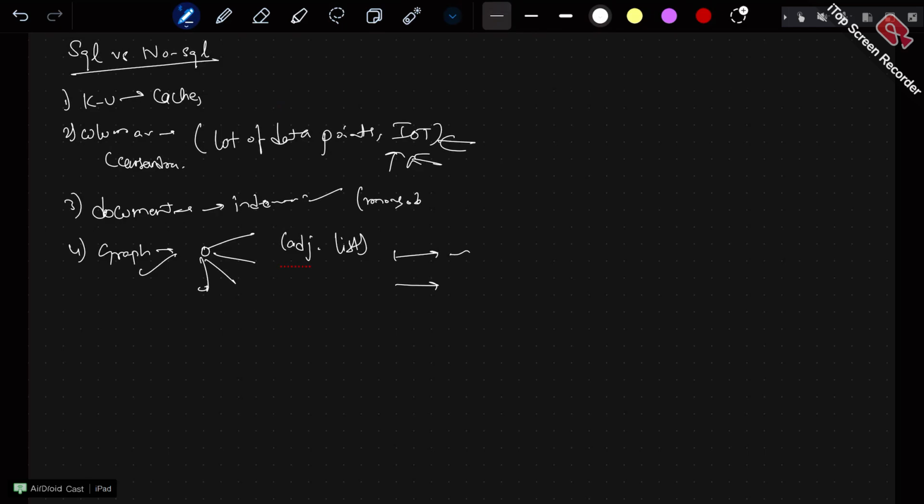Okay, so now we will see how SQL provides us ACID compliance, and how NoSQL does not give us ACID compliance. That is one thing. So, an important question that I wanted to discuss: these were the different types of NoSQL.